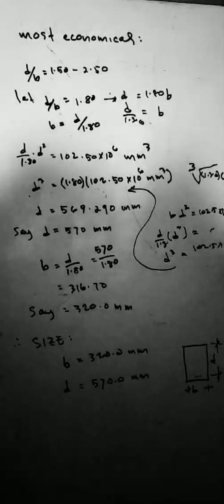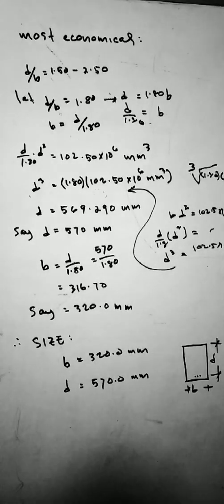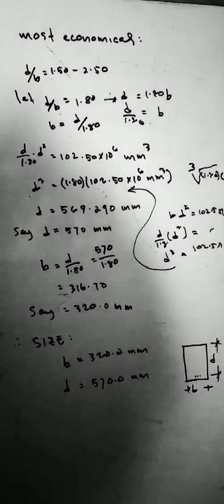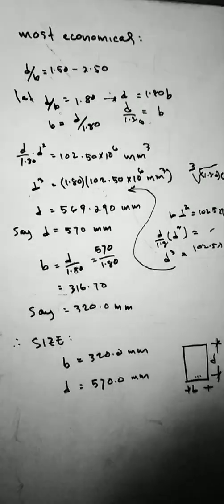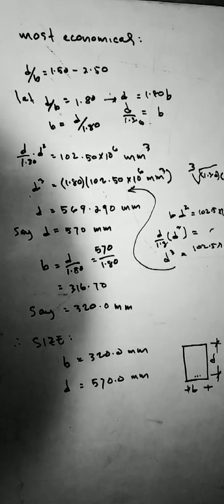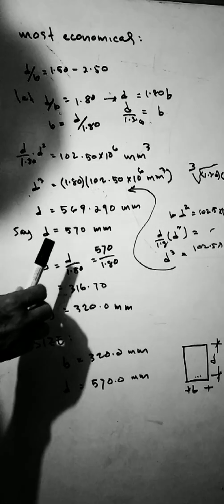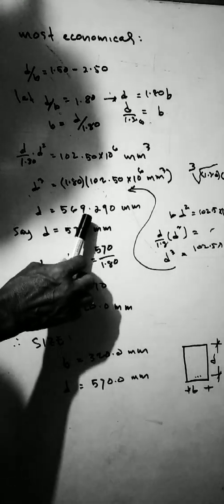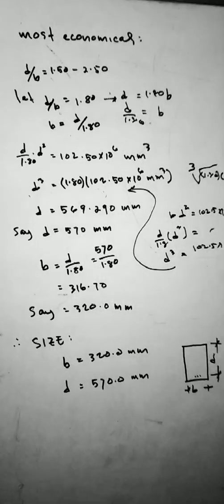If you want to compute that in your scientific calculator, take the value of this and press the cube root, and the cube root will come out 569.290 millimeter.